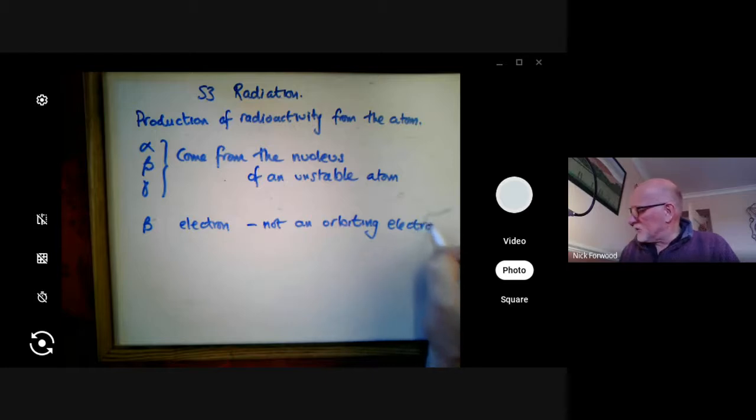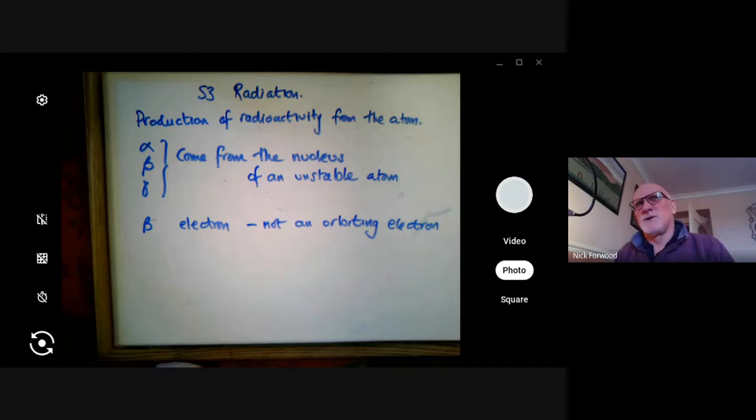It's an electron that's produced inside the nucleus. And you'll say, well, how's that? Because Mr. Ford's just told us that the nucleus is made of protons and neutrons. So how can you get an electron out of the nucleus? That doesn't make any sense.